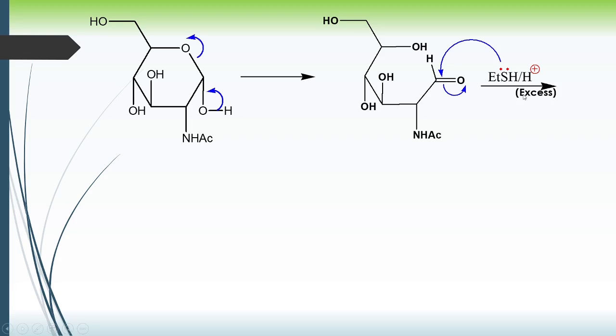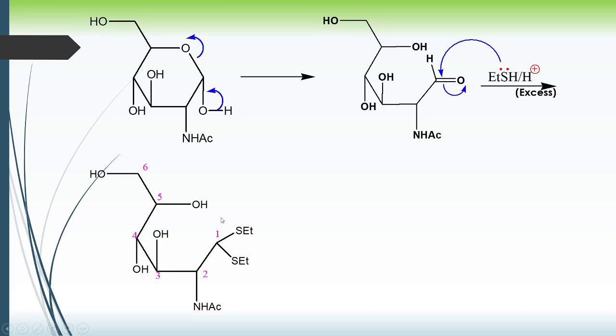Then after, the second molecule of EtSH can attack over this, and there is a removal of water molecule, and after the removal of water molecule we get this type of glucose structure. Okay, so here there is a removal of H2O, and in excess, means 2 moles of ethyl thiol is used.